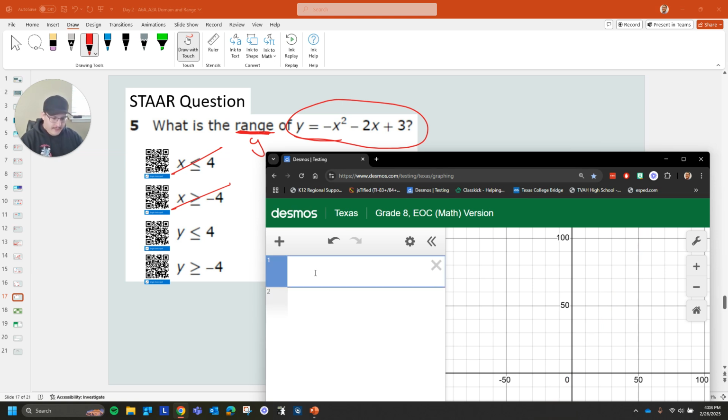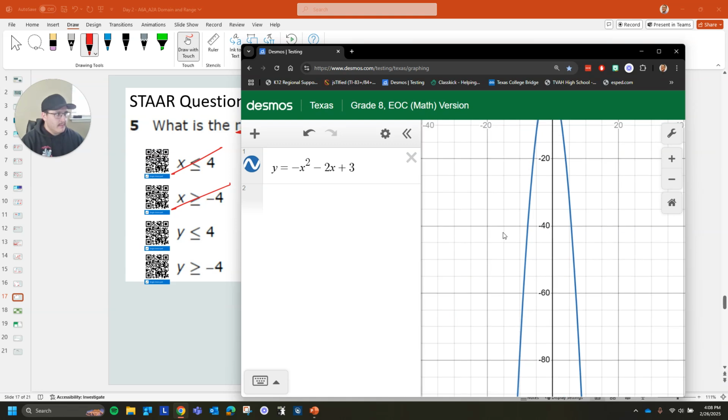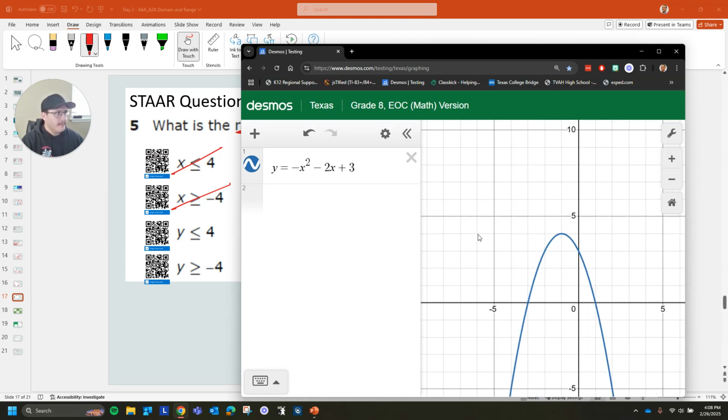So let's graph y equals negative x squared minus 2x plus 3. And then make sure you get a good enough picture to see where this is at.